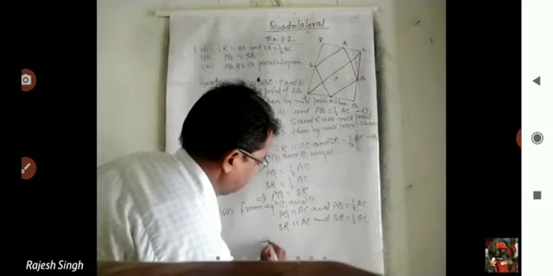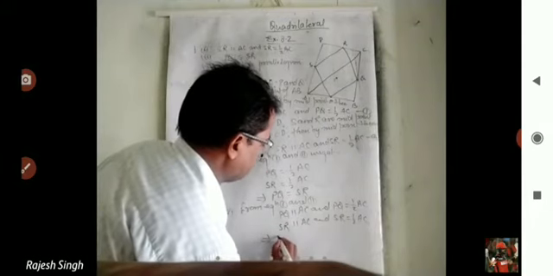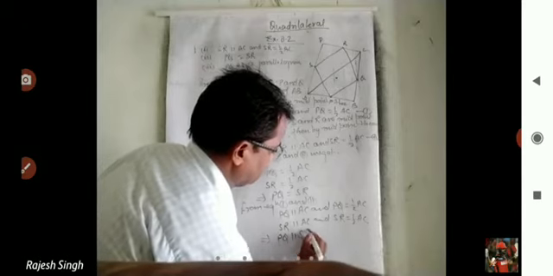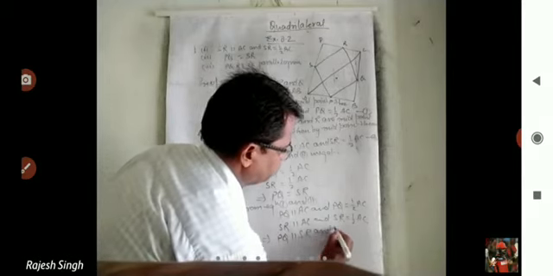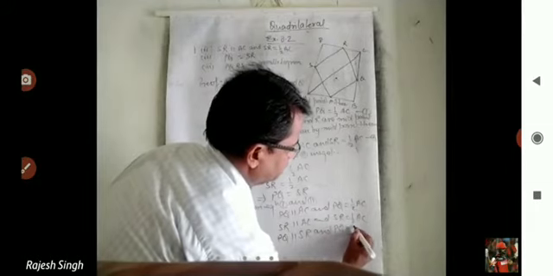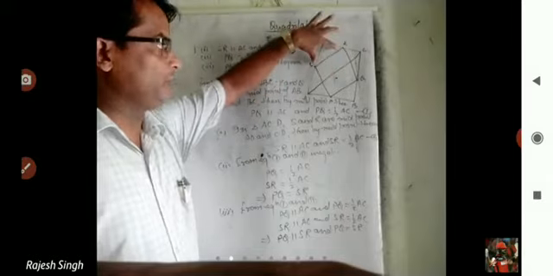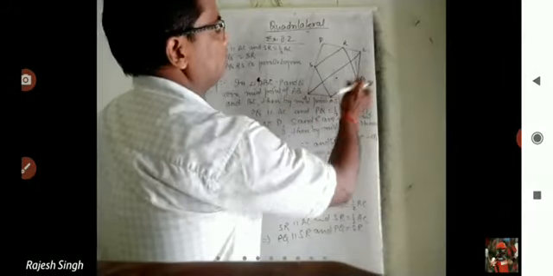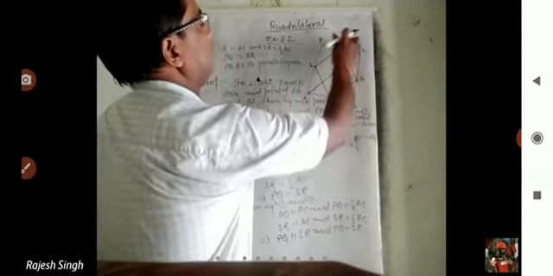This implies that PQ is parallel to SR and PQ is equal to SR. If PQ is parallel to SR and PQ is equal to SR, then we can say quadrilateral PQRS is a parallelogram.